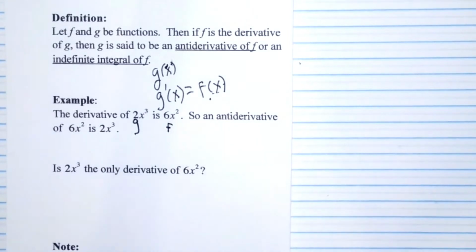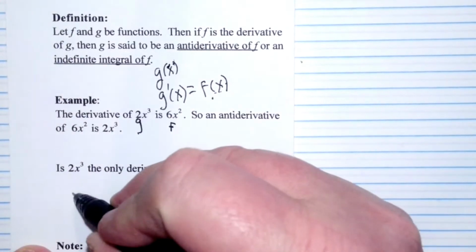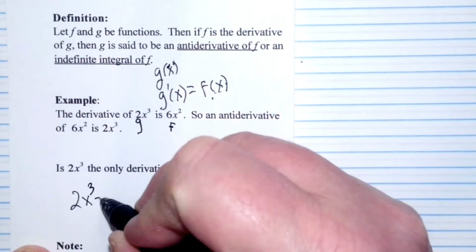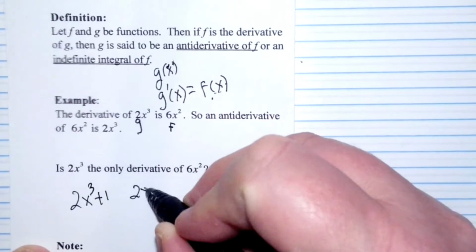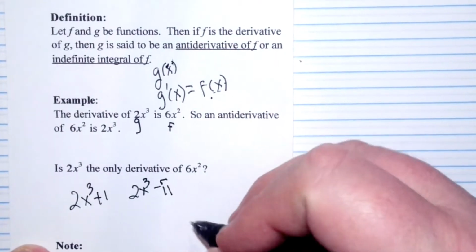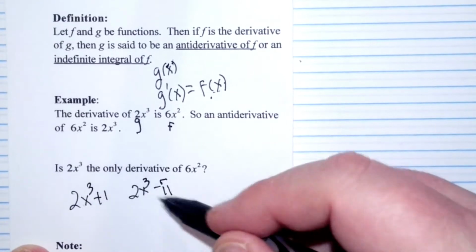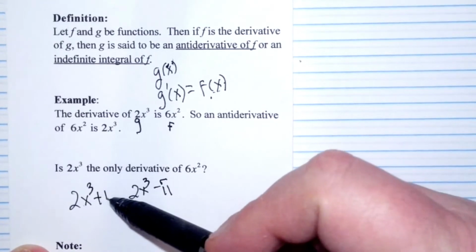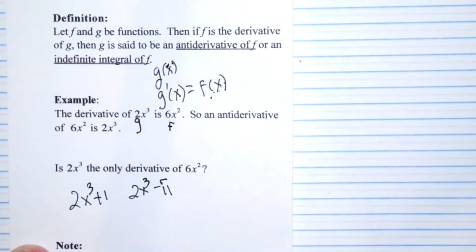Is 2x cubed the only function whose derivative is 6x squared? Are there any other functions that you could differentiate and get 6x squared? Well, how about 2x cubed plus 1? 2x cubed minus pi. When you differentiate these functions, you're still going to get 6x squared because these constants are going to go away.